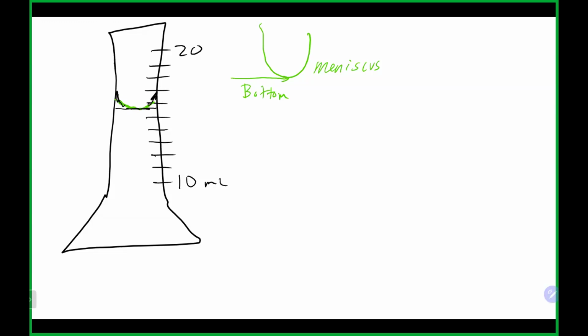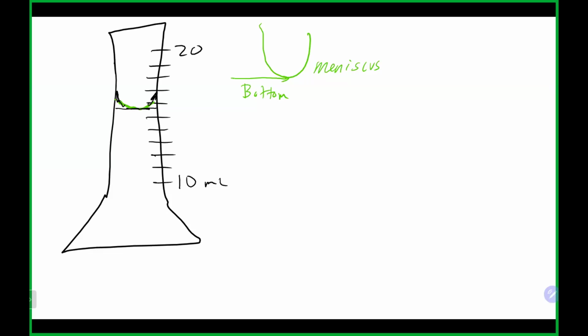And when you take a volume reading, you should try to get down there and really look at it as best you can. There are certain things where it's much easier to see the meniscus, like a graduated cylinder, than a beaker, which has a really big opening, right? That spreads out the meniscus and makes it really hard to get a proper look at it. And that's why you should never really use a beaker to measure out volume. It's a terrible device because the meniscus is spread out.